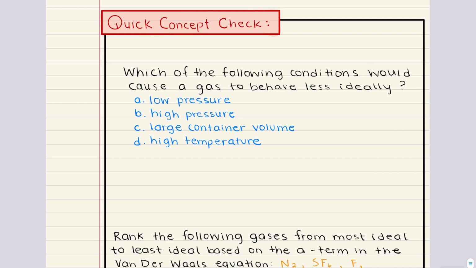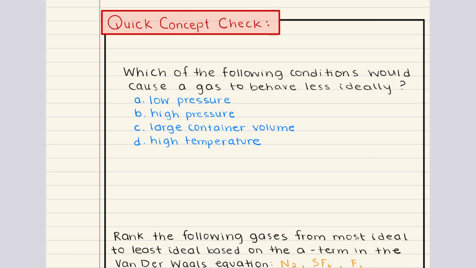This first question asks, which of the following conditions would cause a gas to behave less ideally? The answer choices are low pressure, high pressure, large container volume, or high temperature. We know that gases behave most ideally under conditions where the ideal gas law assumptions hold up well.